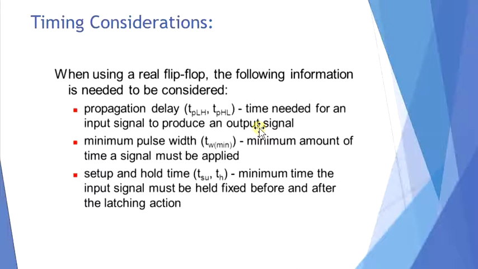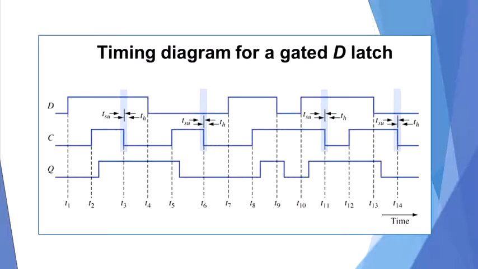Setup and hold time are represented by TSU and TH, and they correspond to the minimum time the input signal must be held fixed before and after the latching action. Let me explain this with the timing diagram for the gated D latch.